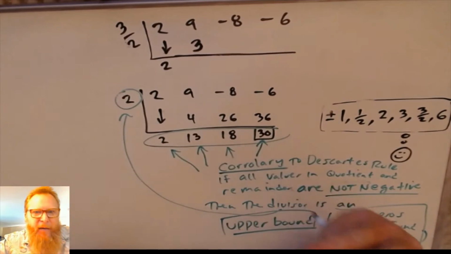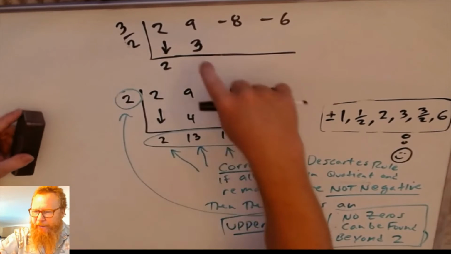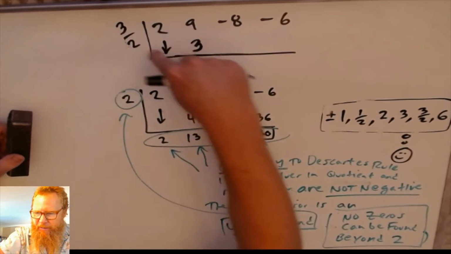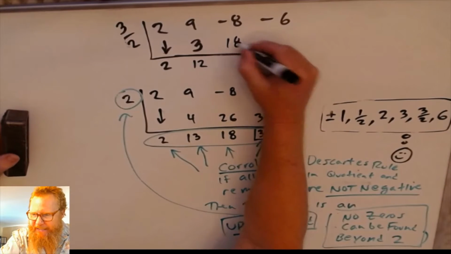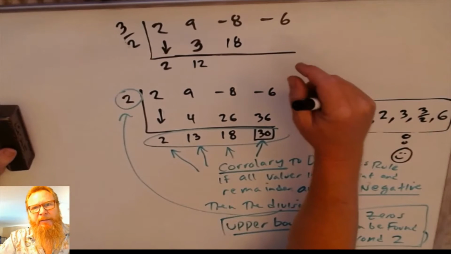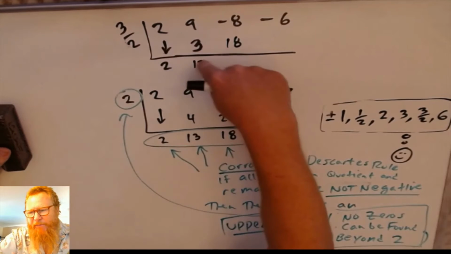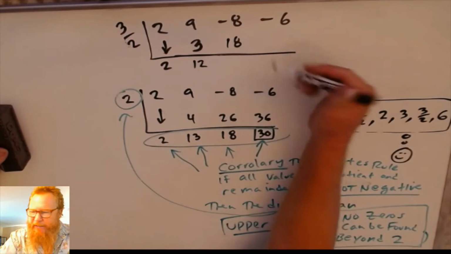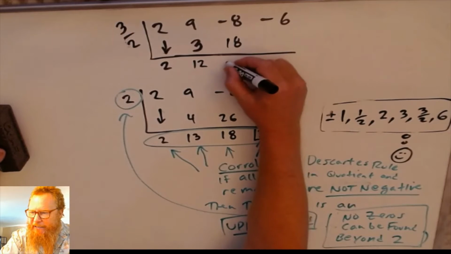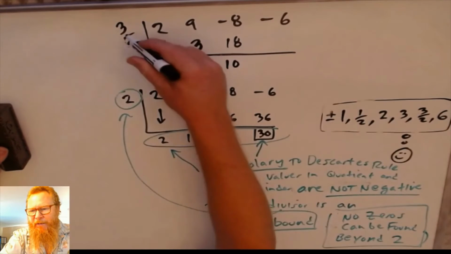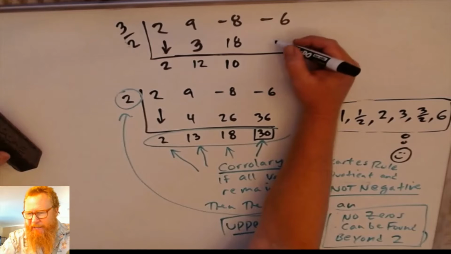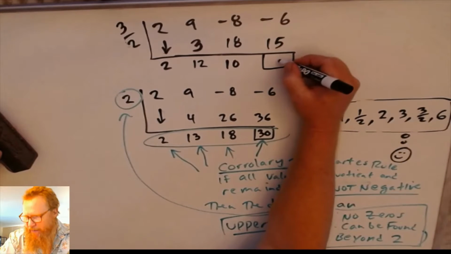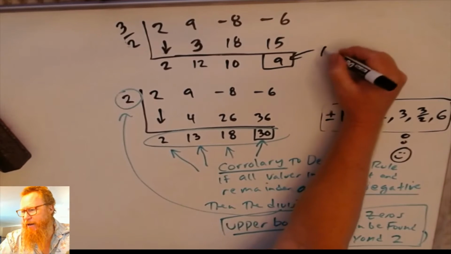I never write it that way, I always write 3 halves, but you could certainly just write that as 1.5. 9 and 3 is 12. 3 halves times 12 is 18. Right? 3 times 12 is 36, and then 36 divided by 2 is 18. Negative 8 and 18 is 10. 3 halves times 10 is 15. And so my remainder is 9. So it's again not 0.